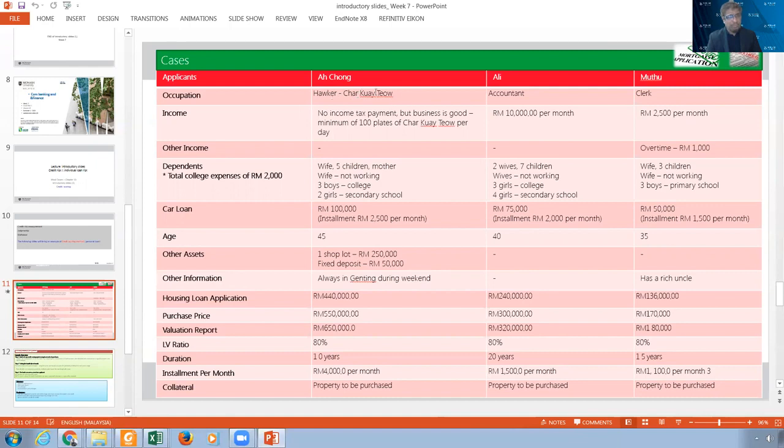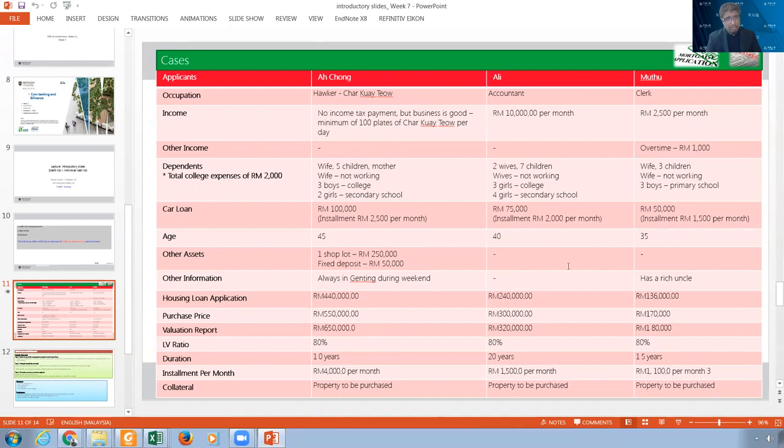So if you have 3 customers, Ishan, Ali, and Matthew. Now, if you look at their information in terms of income, other income, car loans, age, other assets, you will find so many different issues, which are different for each one.